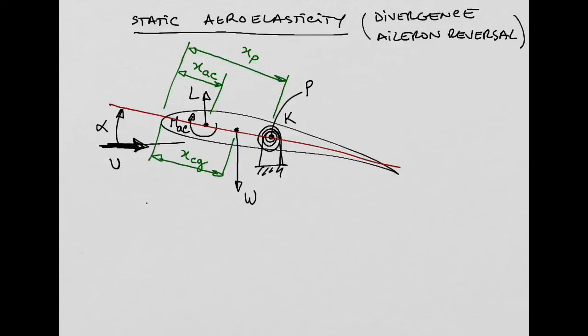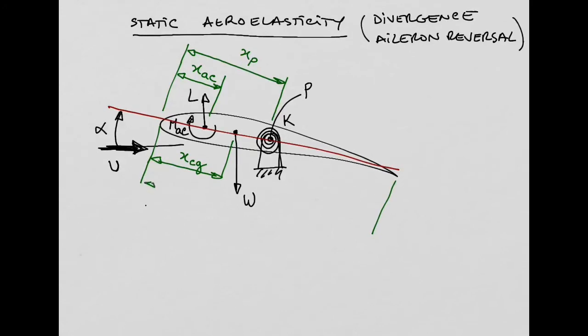And of course, I'm assuming this airfoil to have a total chord length, C. C is the chord length. So this is the airfoil we are going to work with and derive these important things, divergence and aileron reversal, all right?